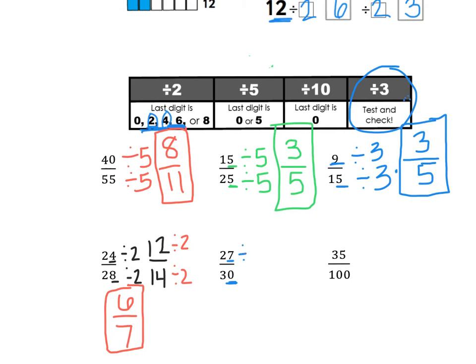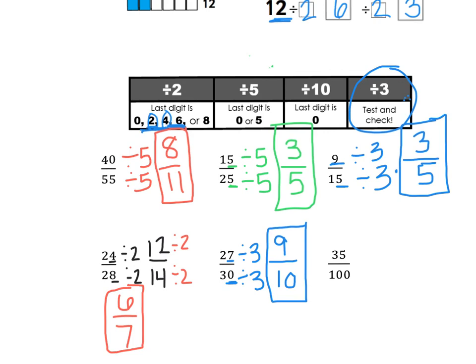Let's see if that one works. 27 divided by 3 is 9, and 30 divided by 3 is 10. Oh, okay, so that one does work. 3 goes in evenly to both numbers. And 9/10 is in simplest form, so we can stop there.